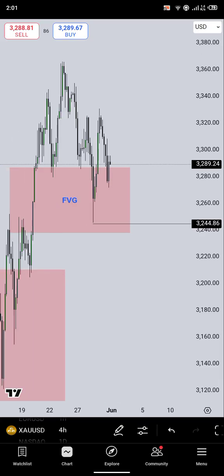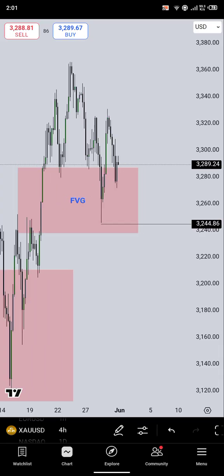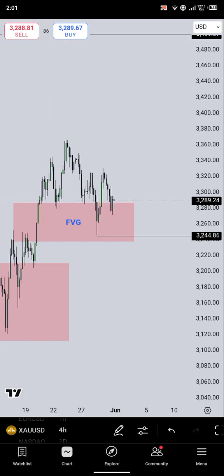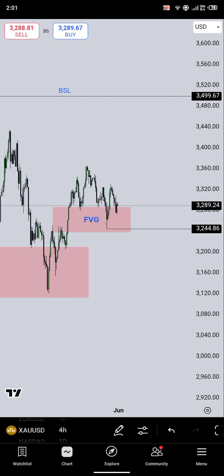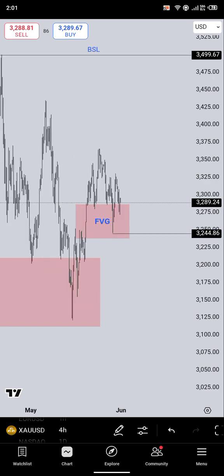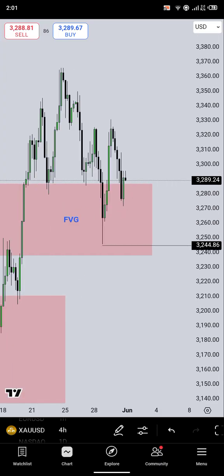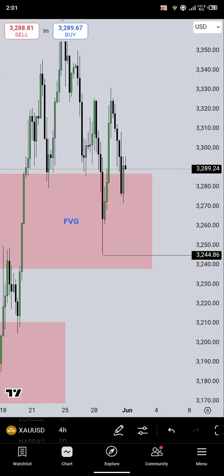It's possible we might come down one more time to take out this sell side liquidity, and then we push upward. Or we just continue going up from there. So as the week opens, I'm looking at this level. Is price going to come down to take out this place and tap into this?